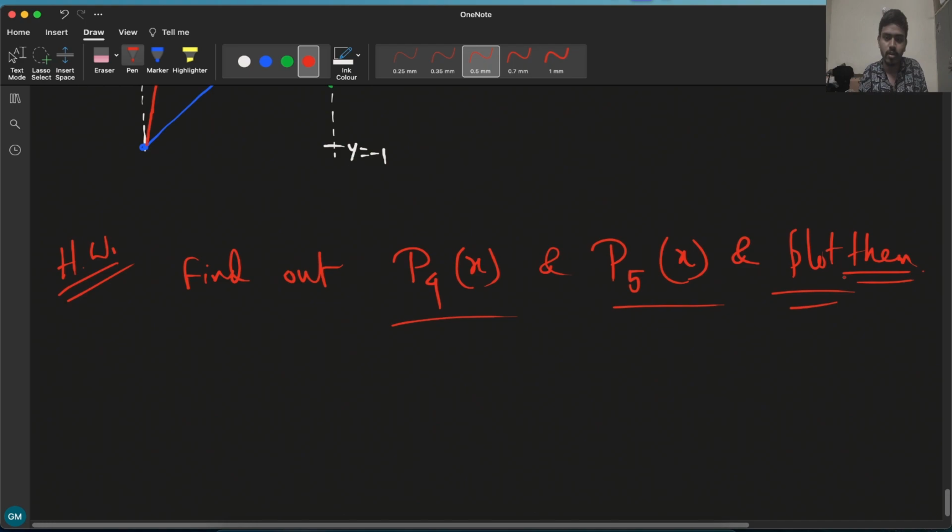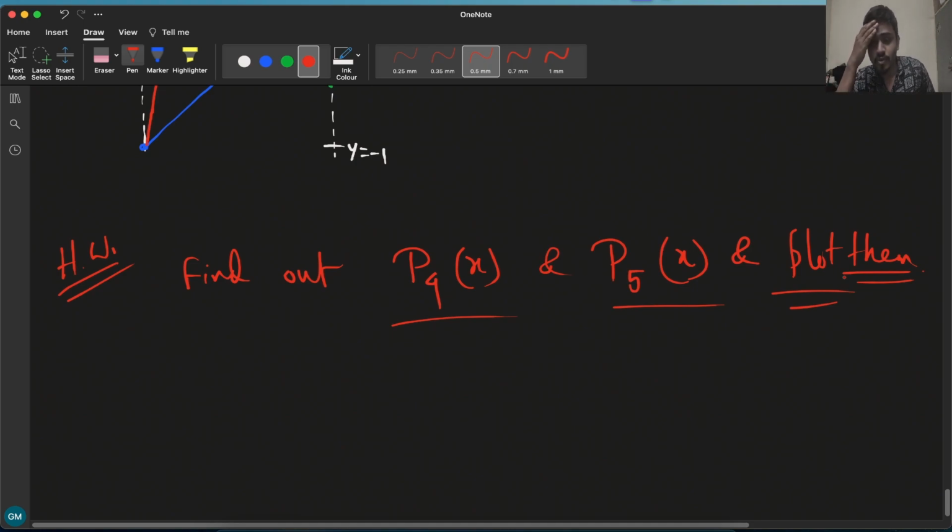What we discussed is how to derive Legendre polynomials which are finite at x equals plus minus 1. In the next class I will talk about some other methods from which you can also derive these Legendre polynomials.